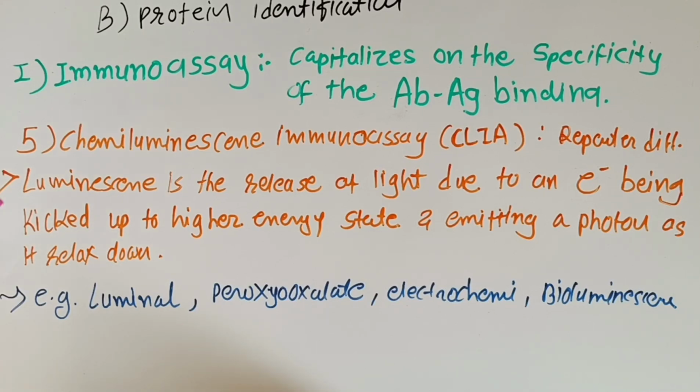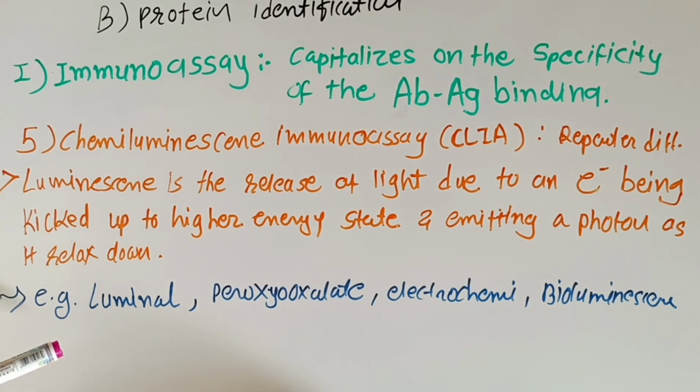Luminescence is the release of light due to electrons. When energy is absorbed, an electron is kicked up into a higher energy state. After that, in the relaxation state, that absorbed energy is emitted as a photon. And that is detected via the chemiluminescence immunoassay method.